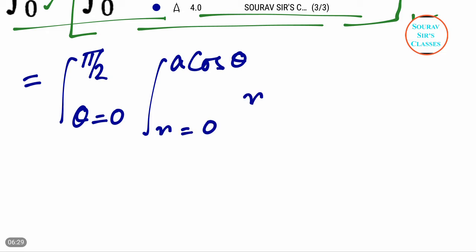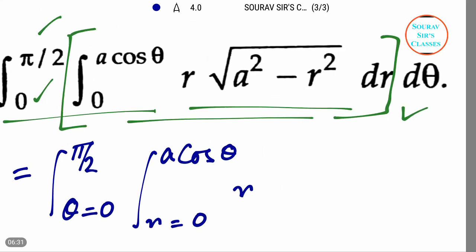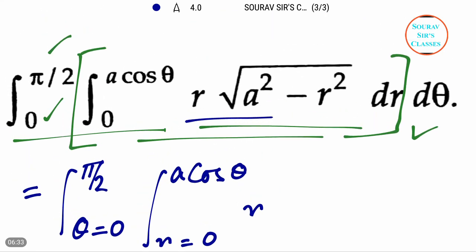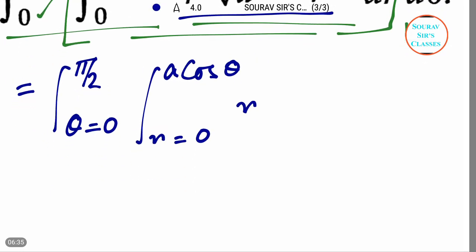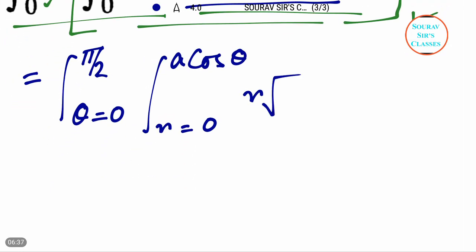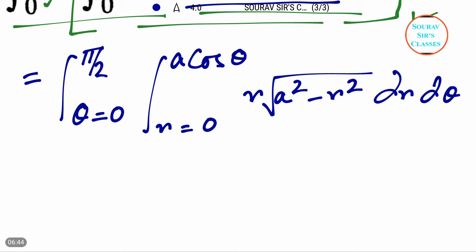Now here it is r into root over a square minus r square dr d theta.